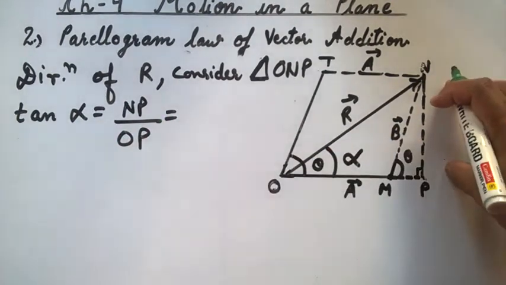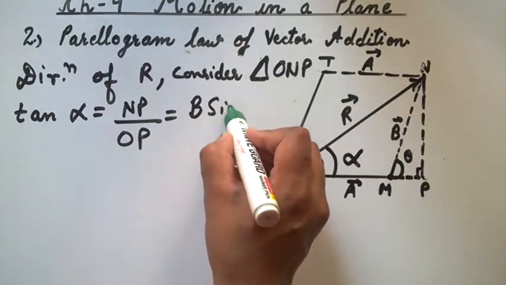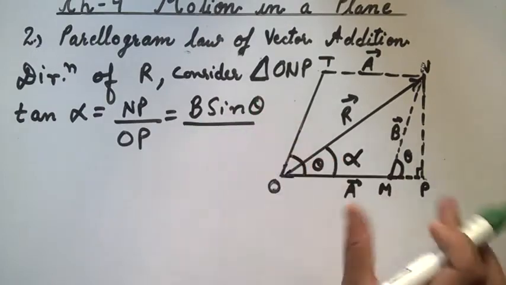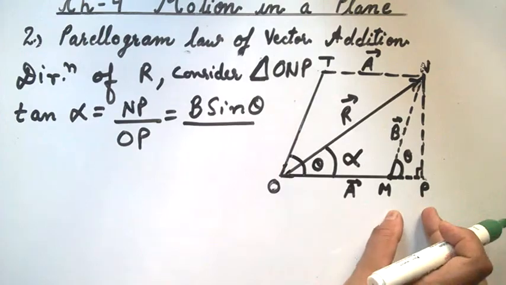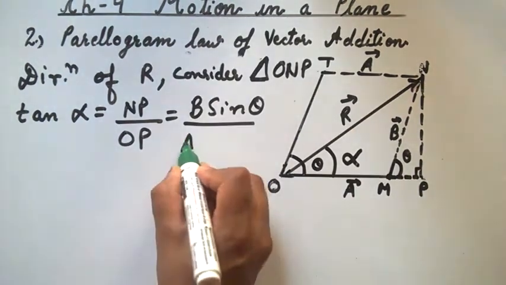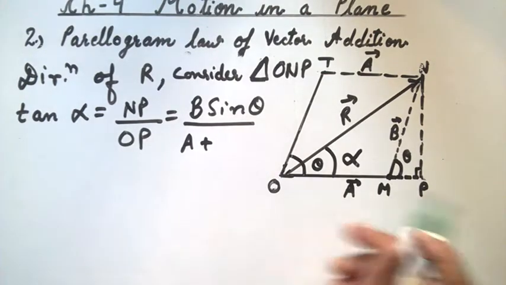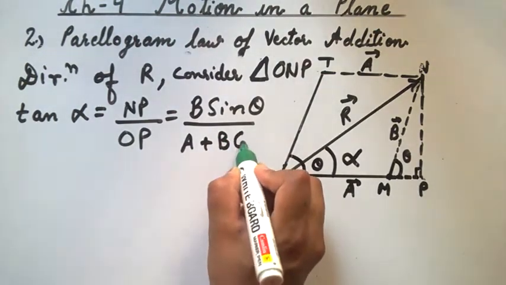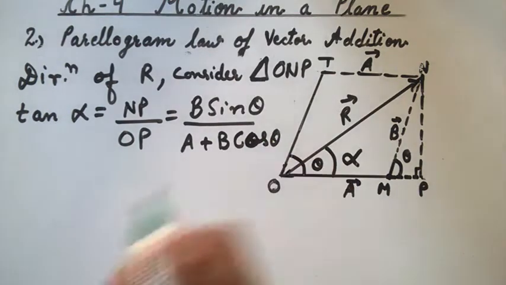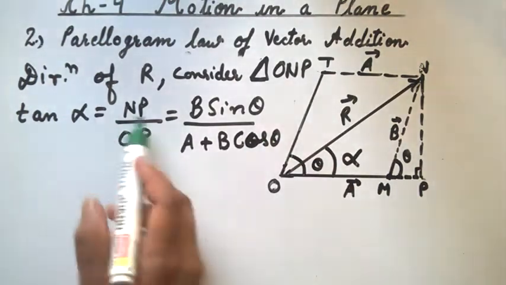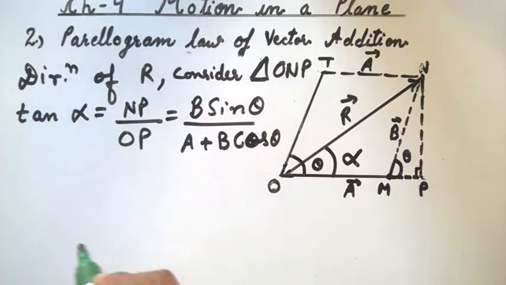NP we have calculated in equation number 2, that is B sin theta. OP is divided into two values, that is OM plus MP. OM is A vector plus this is B cos theta by equation number 3. Therefore, tan alpha is equal to B sin theta upon A plus B cos theta. This is the direction of R vector.